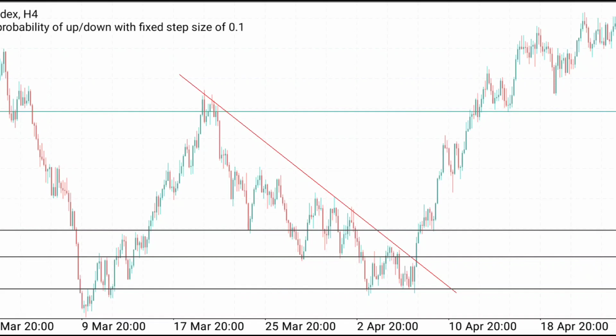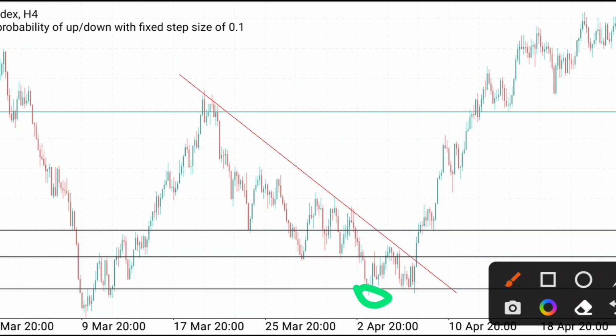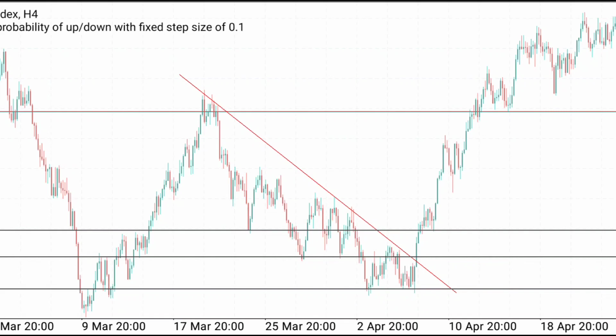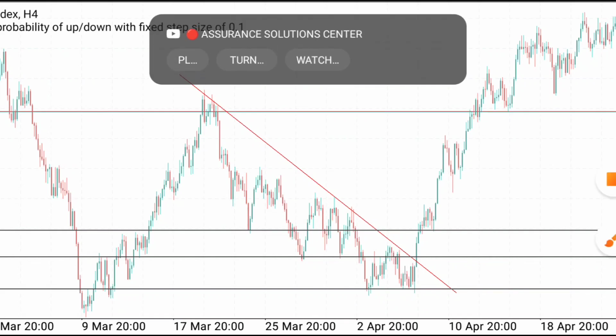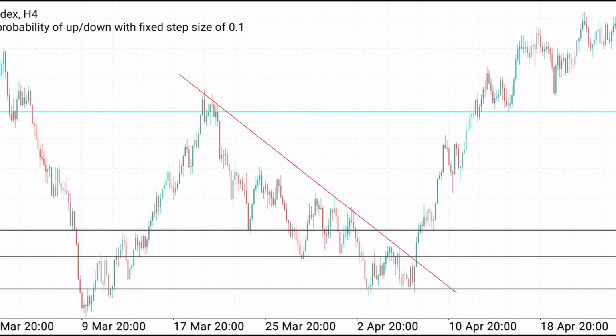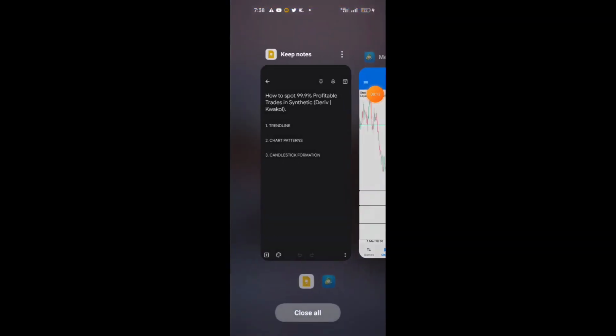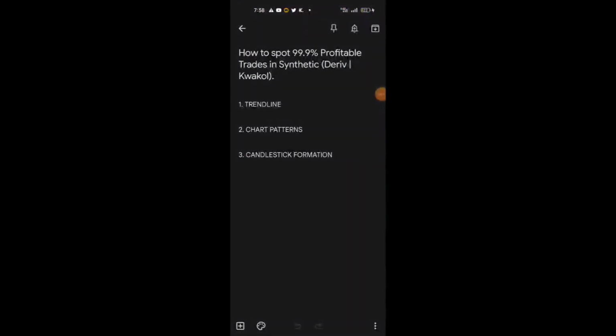Now that we have formed a double bottom, which is the chart pattern, we are now looking at the third one for today, which is, let's go back to our notebook, candlestick formation.